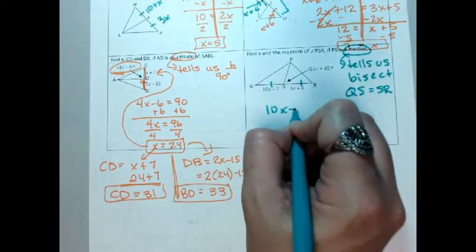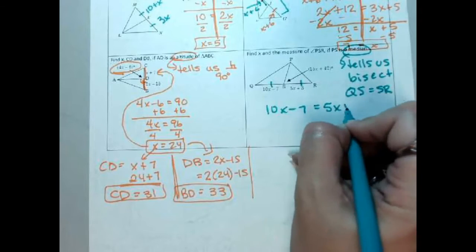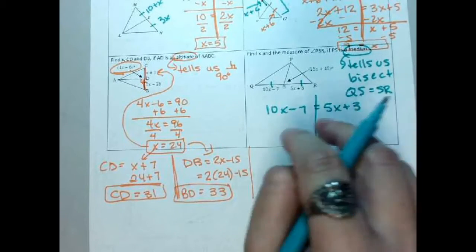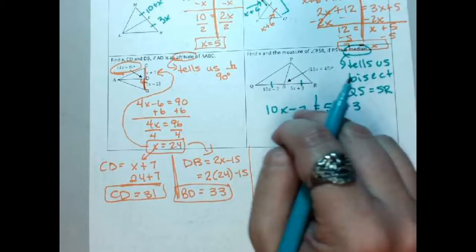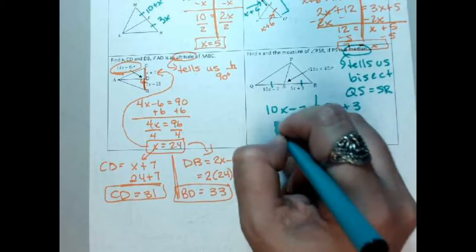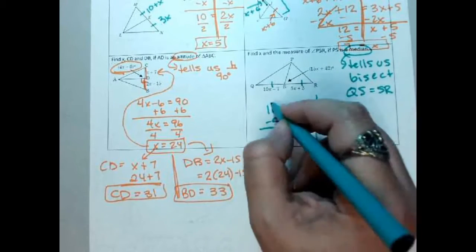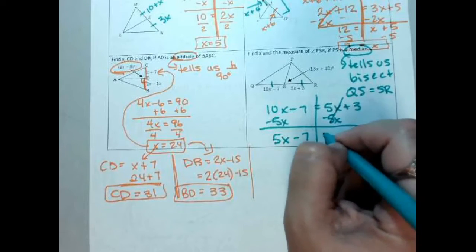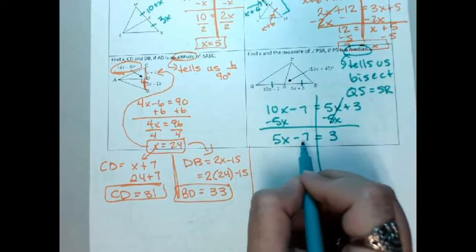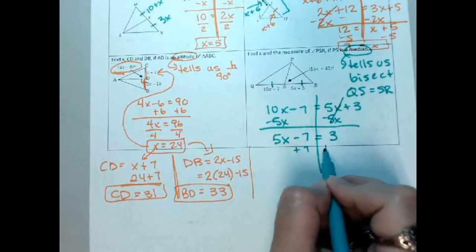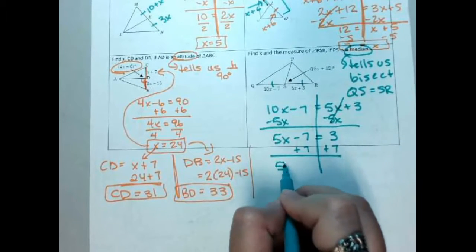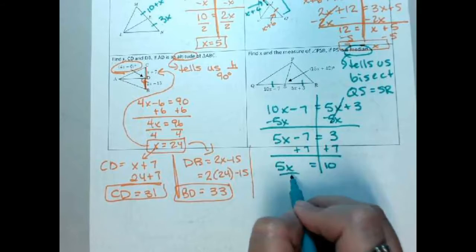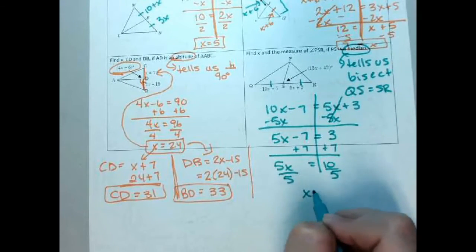10x minus 7 equals 5x plus 3. There's nothing to combine, so I'm going to minus the x over there. So I get 5x, bring this down, minus 7. That cancels, equals 3. Now add the 7 to both sides. So I get 5x equals 10, and I divide by 5, and I get x equals 2.